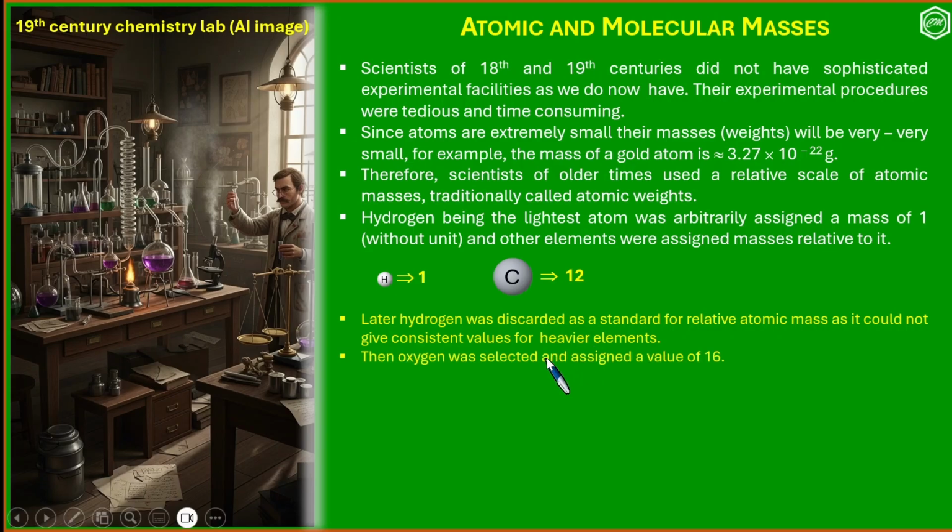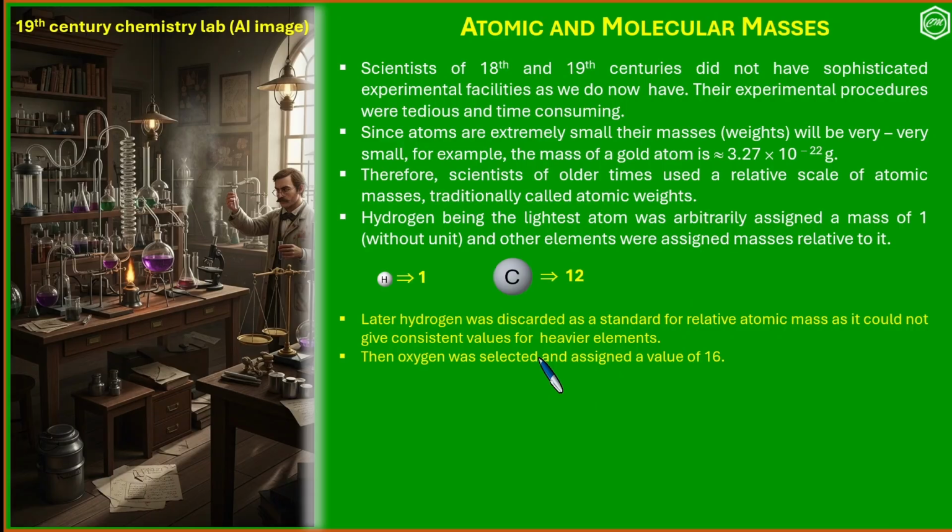Then oxygen was selected and assigned a value of 16. Physicists defined the AMU as 1/16 the mass of an oxygen-16 atom, while chemists defined it as 1/16 of the average mass of oxygen atoms found in nature, which are a mixture of oxygen-16, oxygen-17, and oxygen-18.